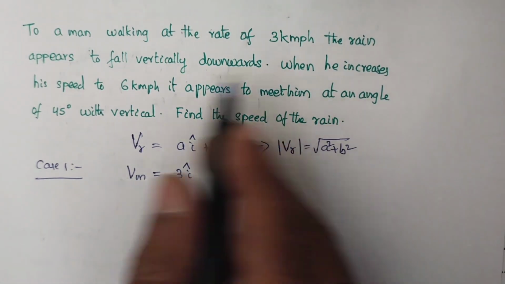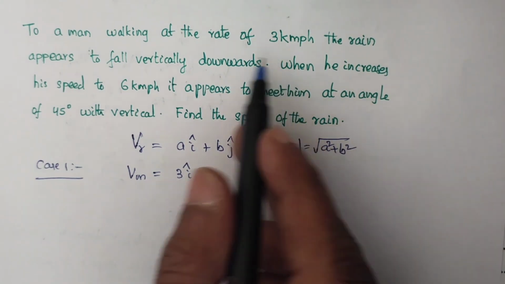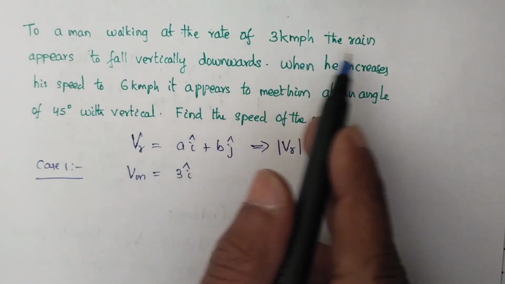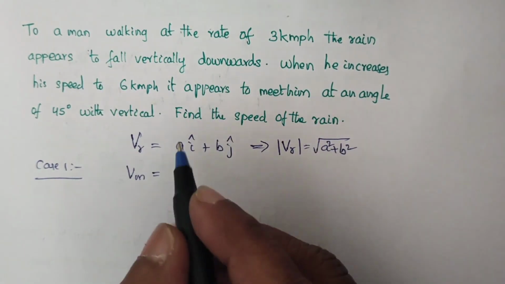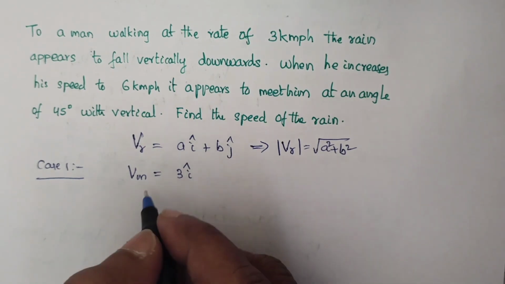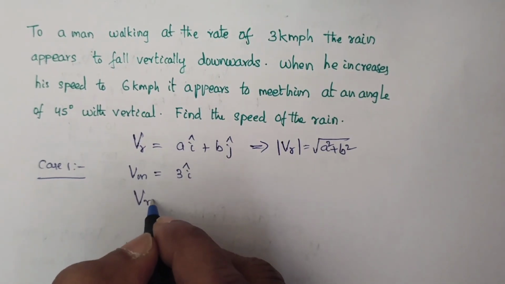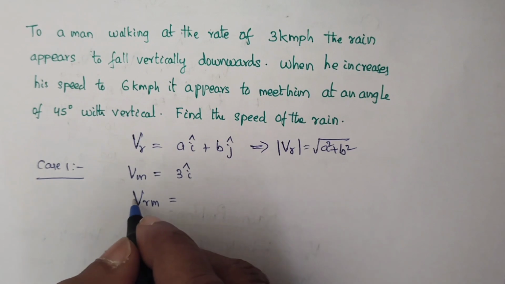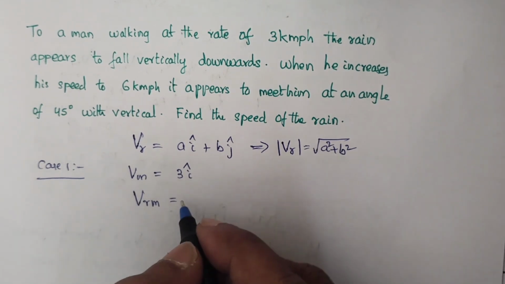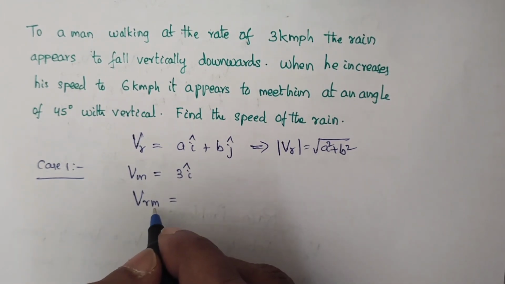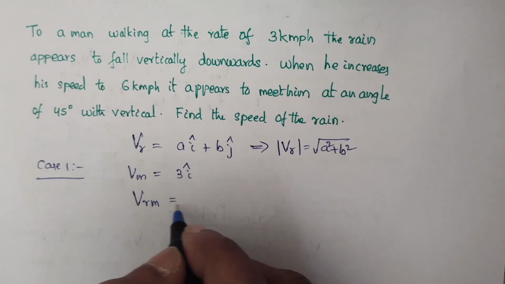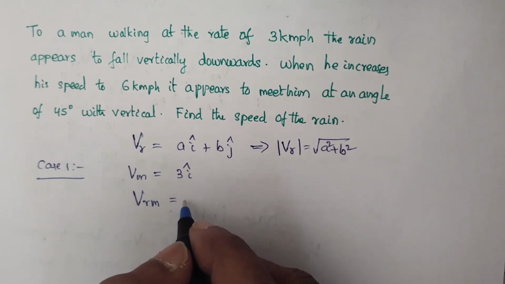Right, Vm is given. A man walking at the rate of 3 km per hour, the rain appears to be vertically downwards. Appears to be vertically downwards means this is Vrm. So this is the velocity of rain with respect to man. In this direction only, the man is holding the umbrella.